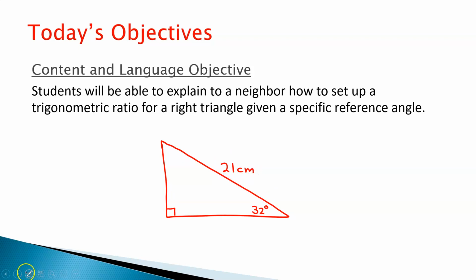Using trigonometry, we can actually find all the sides and the angles. I can find the distance of this side here, this side, and this missing angle on the inside. I already know this corner is 90 degrees. But again, that's what trigonometry helps us do. It helps us find missing sides and missing angles of a right triangle, which is really neat.